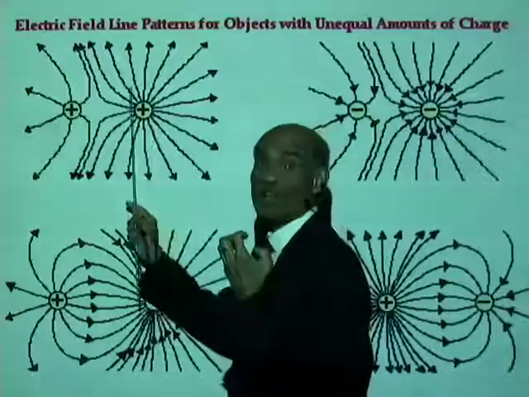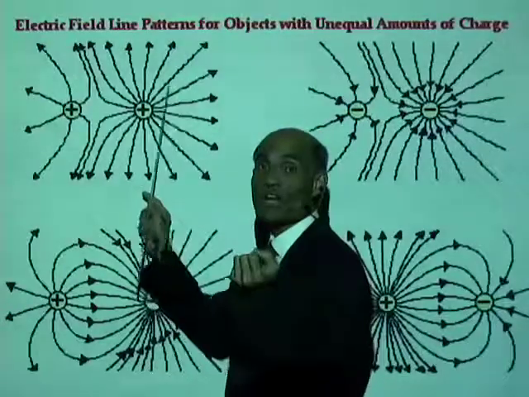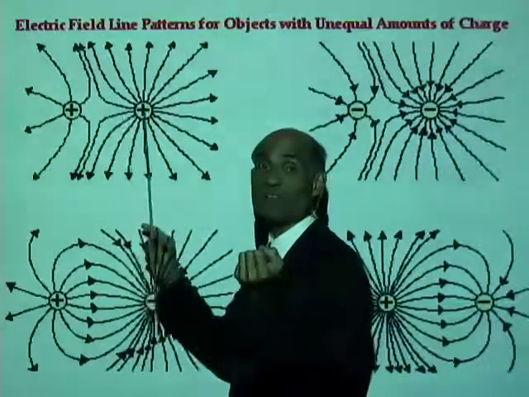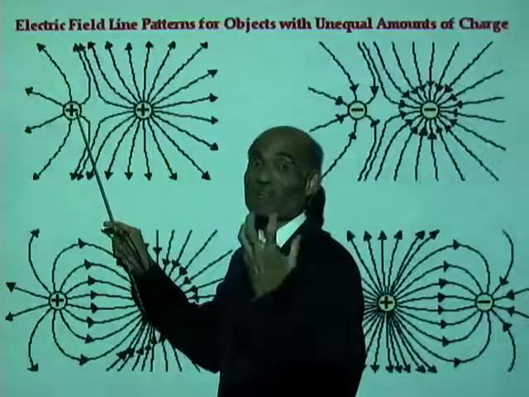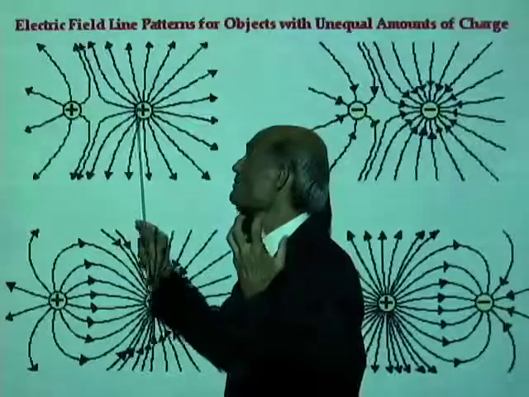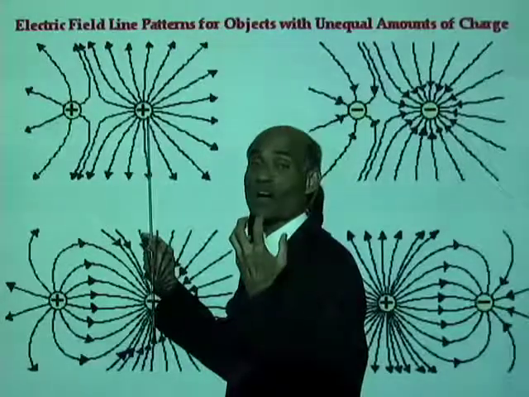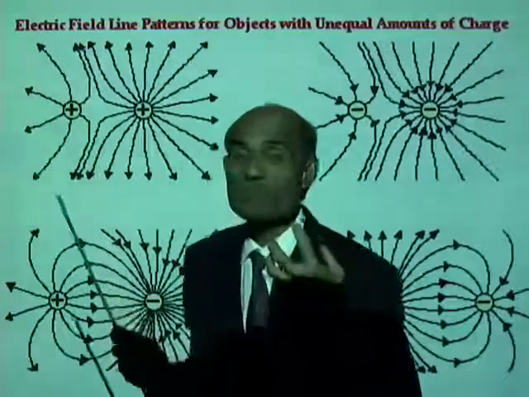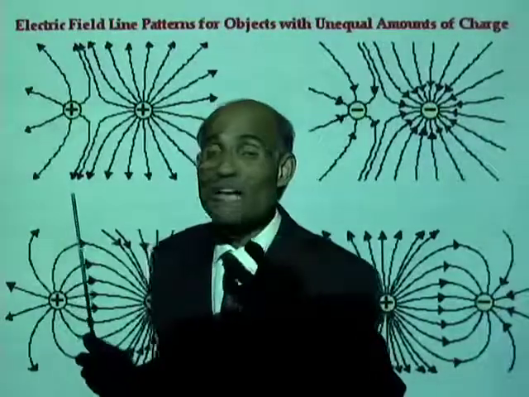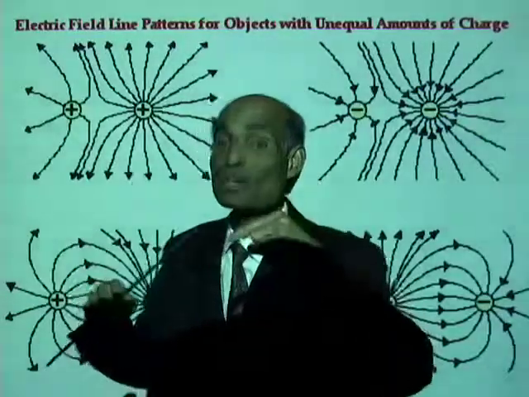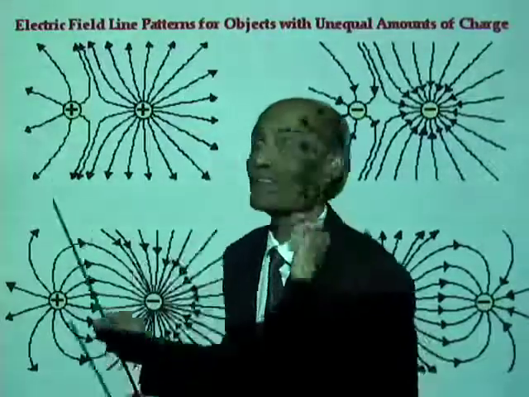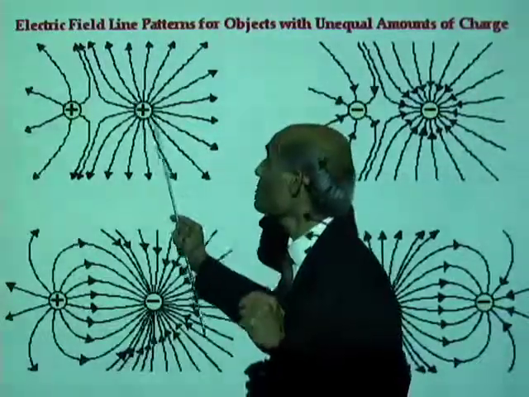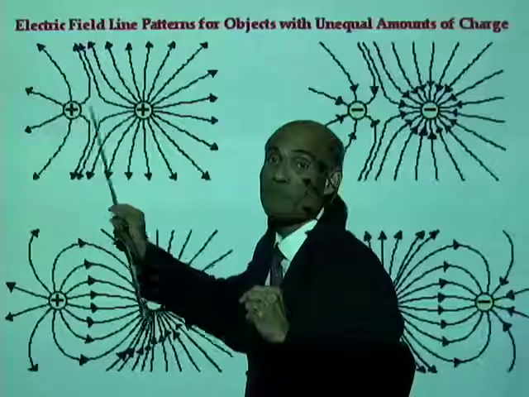Well, first of all, there are a lot more field lines originating from this positive than the one on the left. What does it tell you? It tells you that this is a much greater charge. You see, the number of lines of force originating or terminating on a charge is proportional to the quantity of charge. So this is a much bigger charge than this.